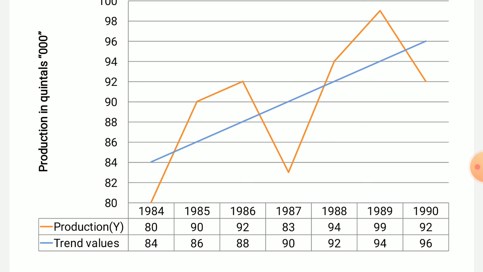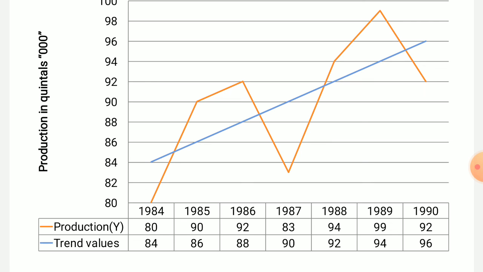These productions are shown on a graph sheet, and the plotted points are to be connected by a straight line. That line is called the actual data.